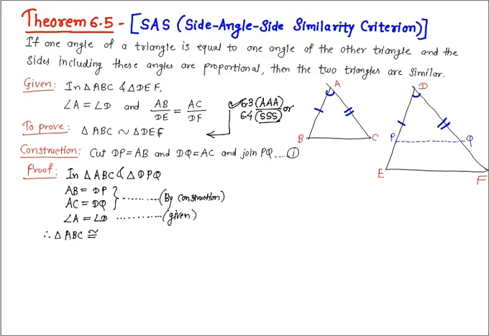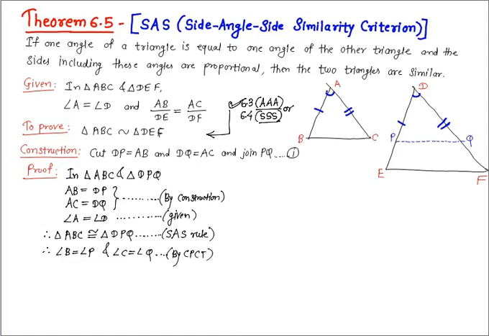Therefore, triangle ABC is congruent to triangle DPQ. This is by SAS rule. Now, since triangle ABC and DPQ are congruent, we can use CPCT, that is corresponding parts of congruent triangles, and make angle B equal to angle P and angle C equal to angle Q.